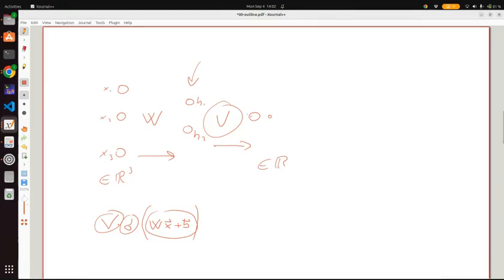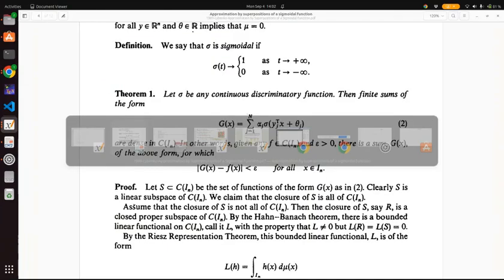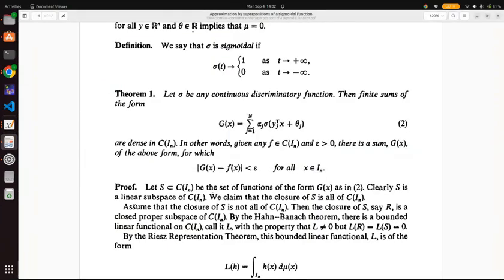So in this case, it would be N equal to 2. Well, you can find a big enough N such that for any given epsilon, you can find an epsilon-good approximation of any continuous function on the hypercube by your neural network.